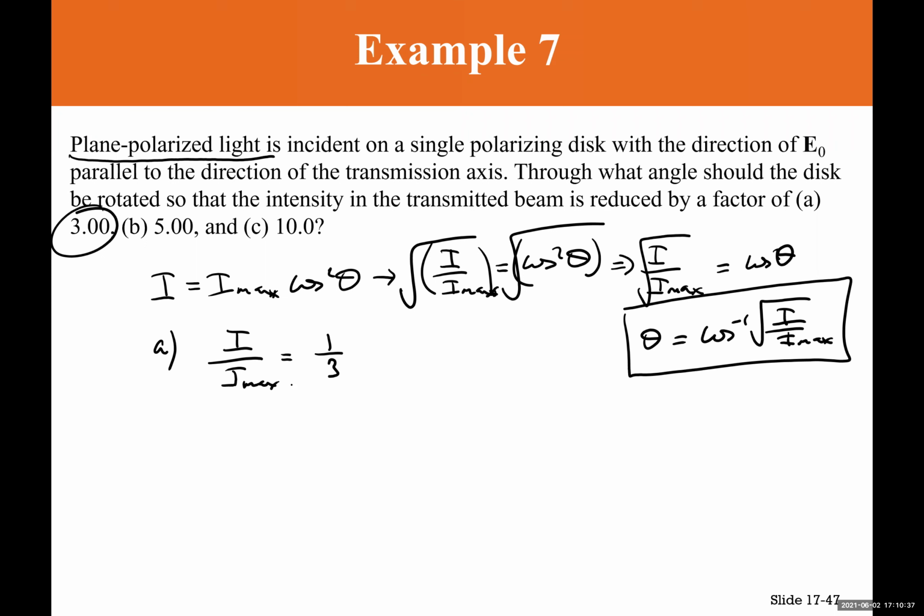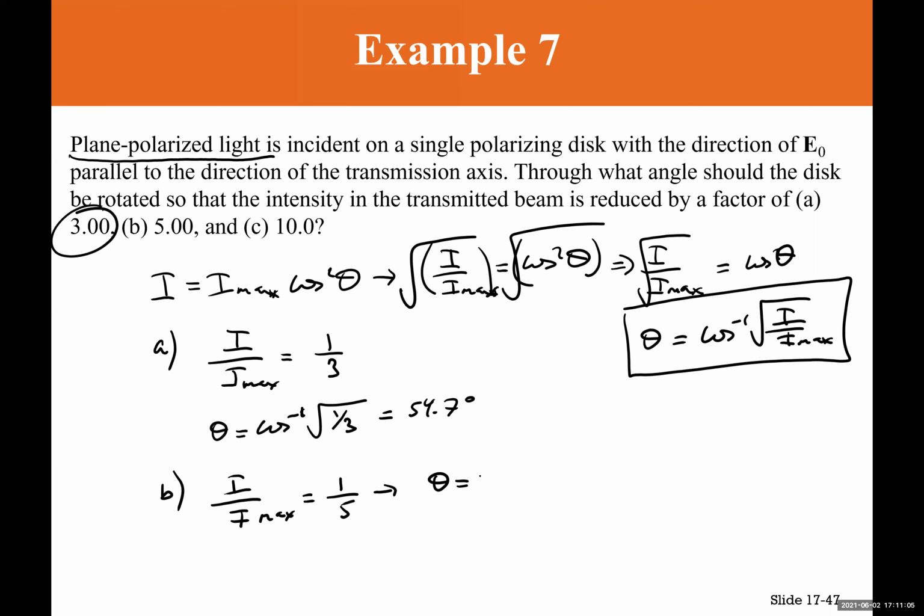So the first one is a factor of 1/3. Using this equation, theta equals inverse cosine of the square root of 1/3, because I over I max is 1/3. This gives me 54.7 degrees. Part B, I over I max equals 1/5, so theta equals inverse cosine of the square root of 1/5, which gives me 63.4 degrees.